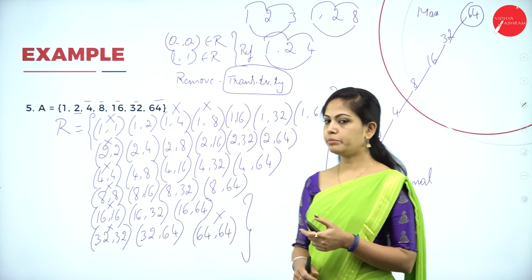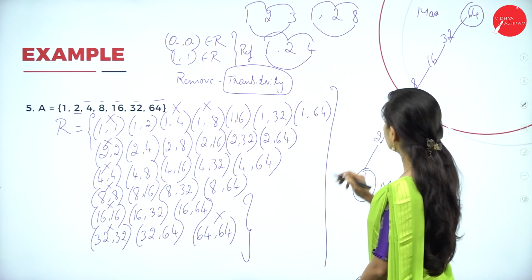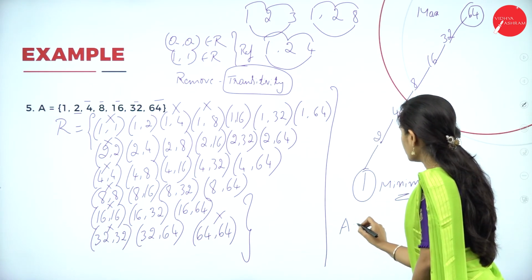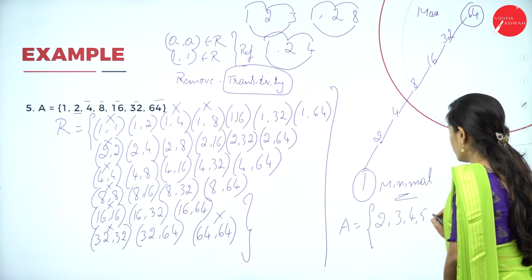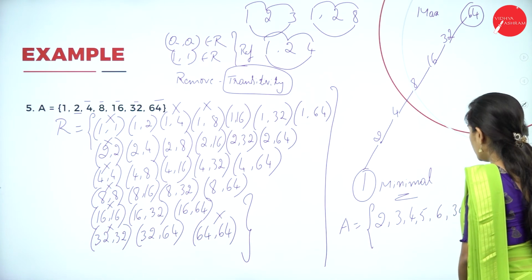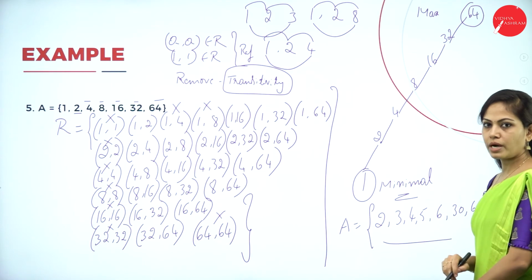I will give one assignment problem. Please practice the assignment problem. Set A equals 2, 3, 4, 5, 6, 30 and 60. So it is your poset.